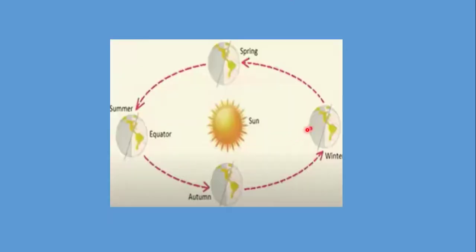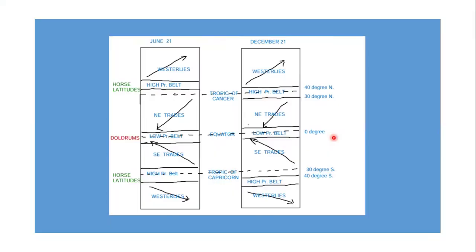Let's see what happens during the winter season. During winter, we can see here that South Pole is tilted towards the sun. Intensity of heat is more in the southern hemisphere. Rays of the sun are falling vertically over Tropic of Capricorn. So what happens? The ITCZ shifts towards the south, and this region comes under the influence of westerlies.